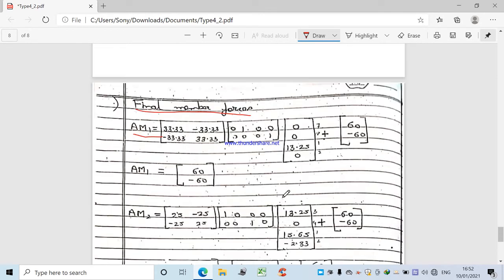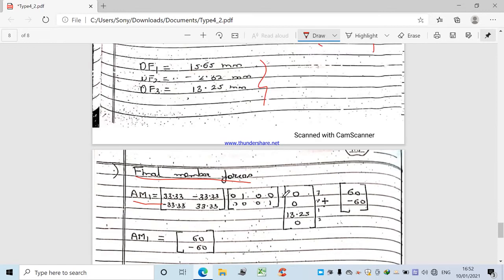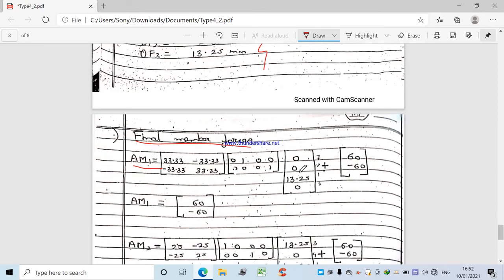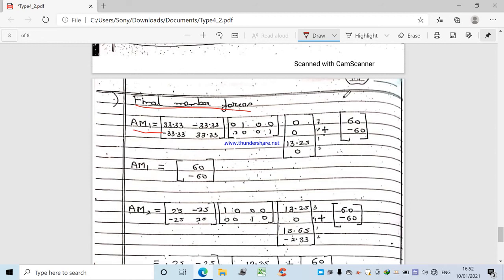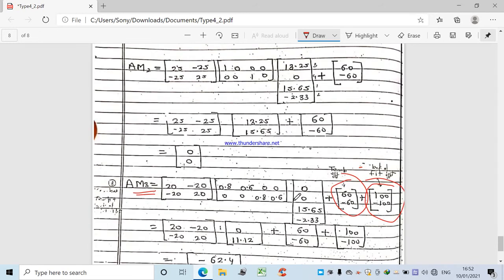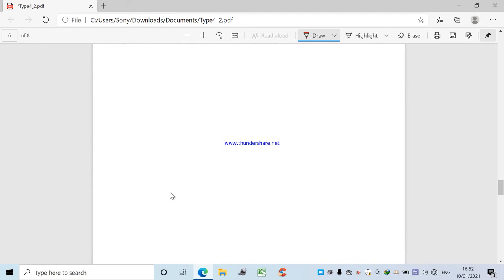One thing is very common: in the final member forces, why we have considered 60 and minus 60 in all the members, and why we have considered 100 and minus 100 only for the AM3 case, is because in the numerical itself it is given for a specific member.